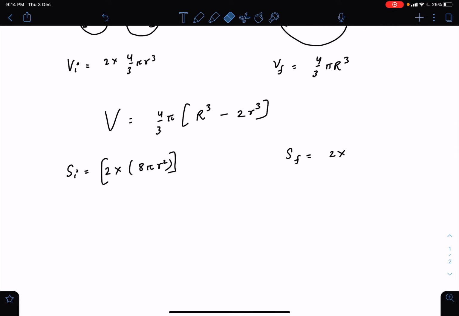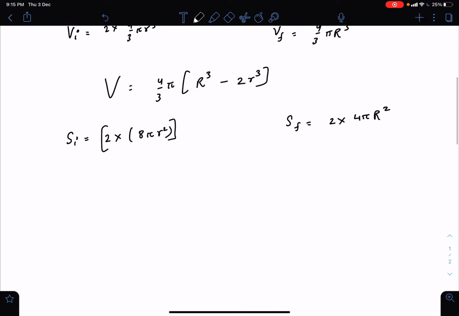Whereas the final surface area is twice of 4 pi capital R square. And what is given is the change in surface area. So change in surface area is given to be S, which is equal to final minus initial, which is again 8 pi. If you take common, you get capital R square minus 2r square.